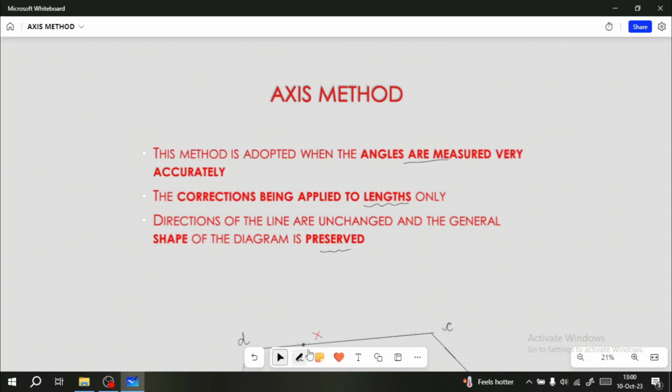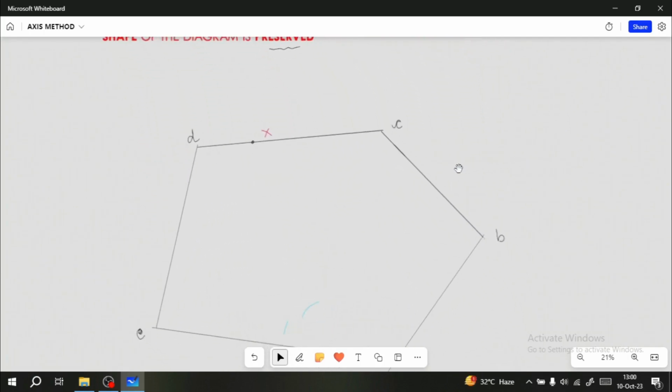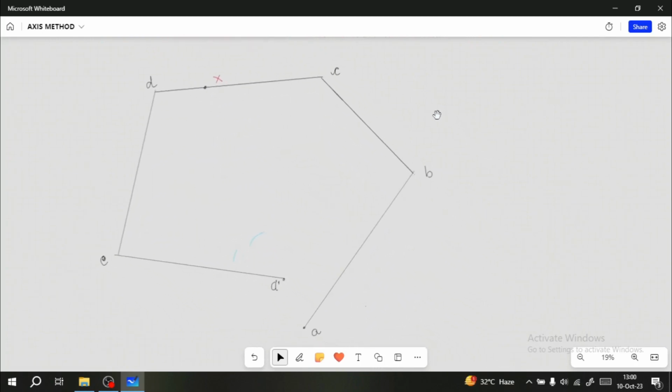To explain in detail, I have drawn a traverse with an error, and I will explain with the diagram.